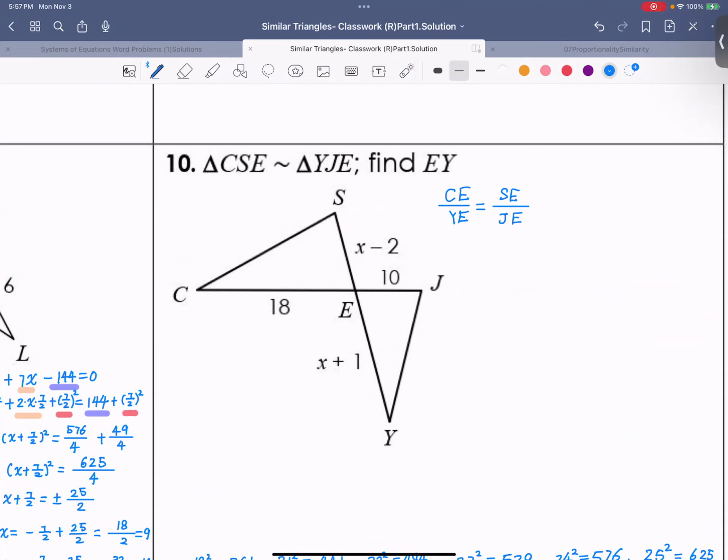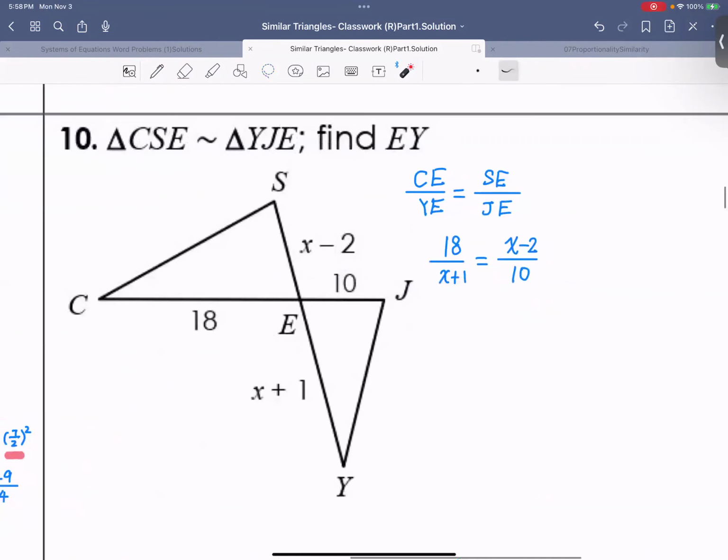And then CE is 18, and then YE is X plus 1. And then SE is X minus 2, and JE is 10. Good. So we have this. That's a perfect equation.